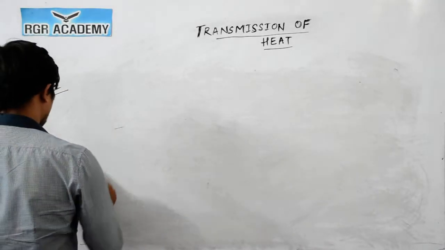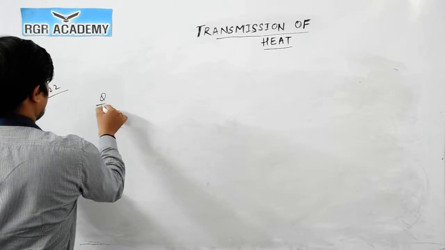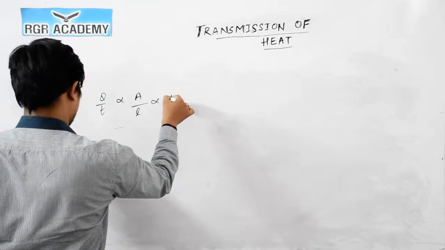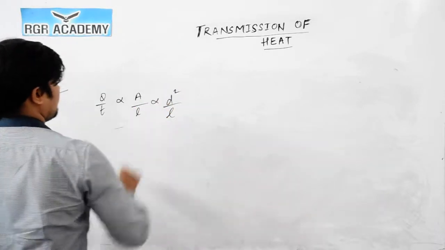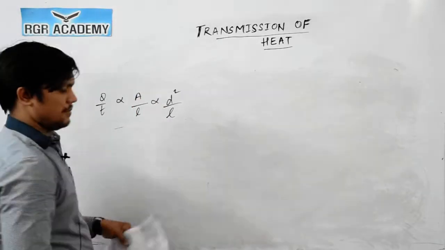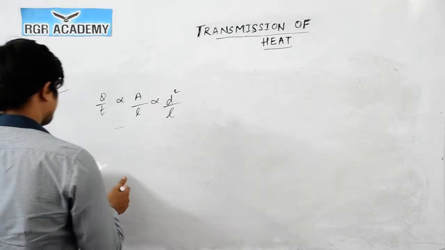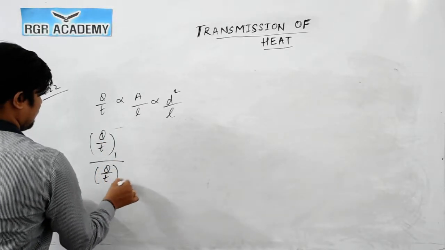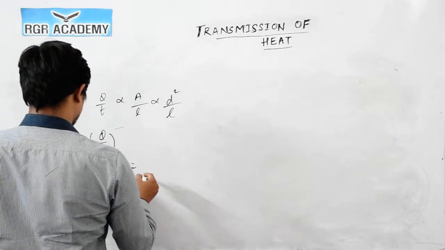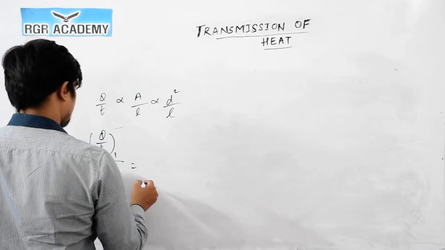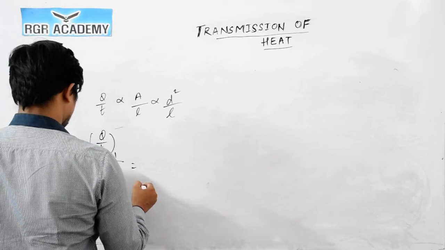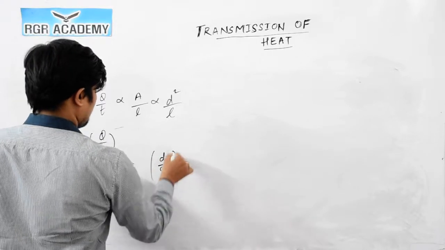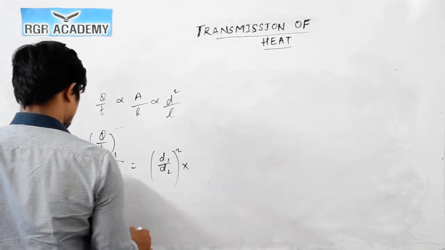Okay, so rate of heat flow Q by T is proportional to area by length, proportional to d square by L, because area is pi r square, so radius is proportional to diameter. So we can write Q by T for the first one divided by Q by T for the second one equals d1 by d2 square into L2 by L1.